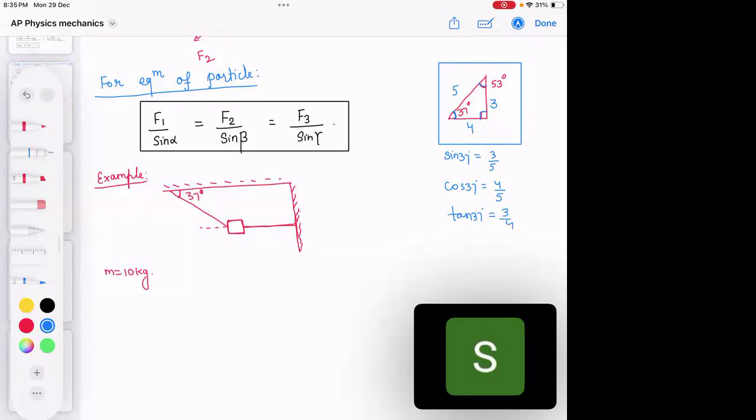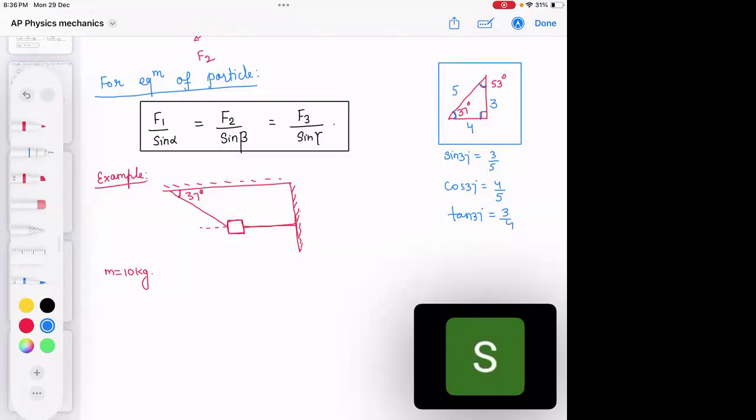Why? Because sometimes when they give the angle as 45 degree, root 2 will come. If I give you angle 30 degree, sine 30 will become 1 by 2, but cos 30 root 3 by 2 will come. So calculation looks a little bit bulky.